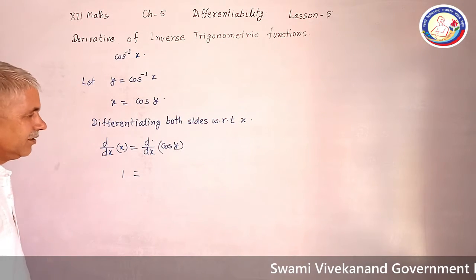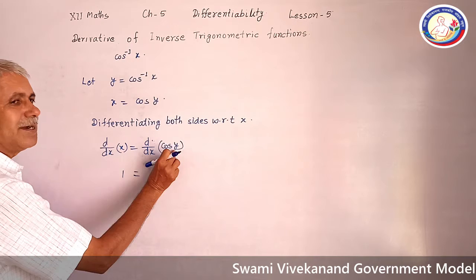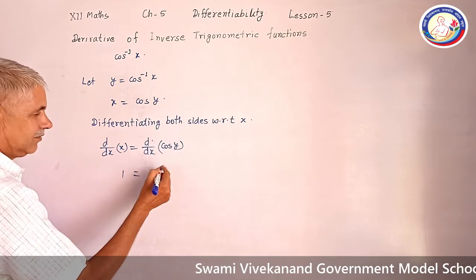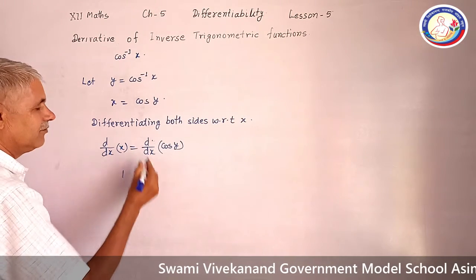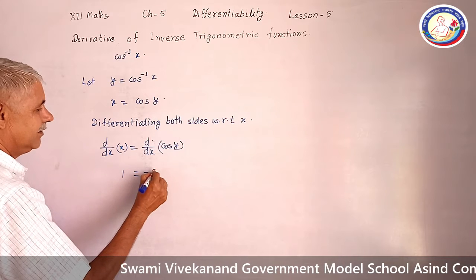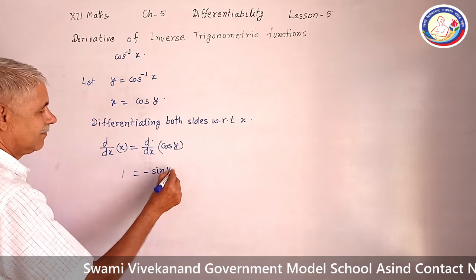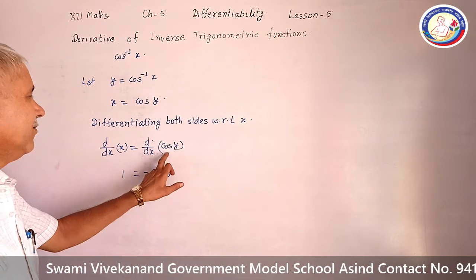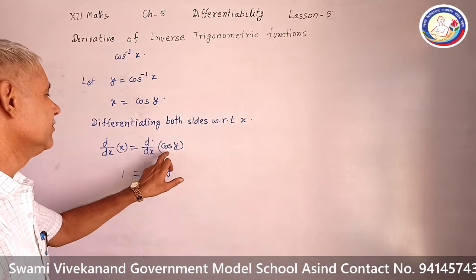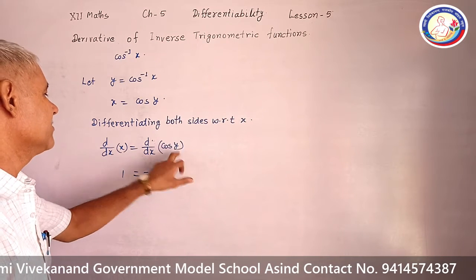So, first of all, differentiate cos y with respect to y. So, differentiating cos y with respect to y, we will have minus sin y. Because the derivative of cos x is minus sin x.